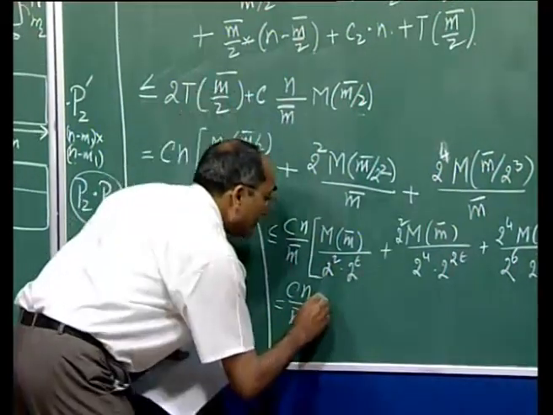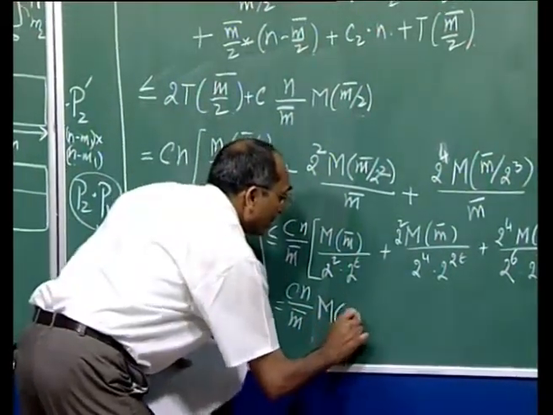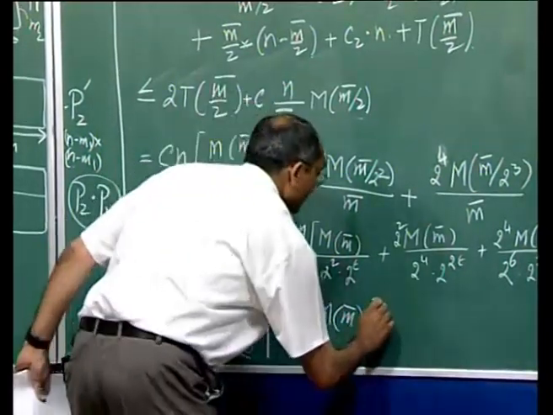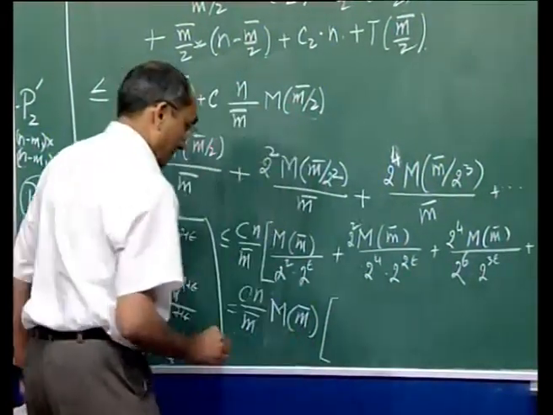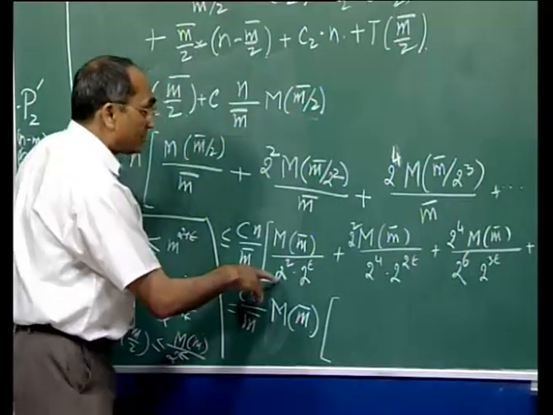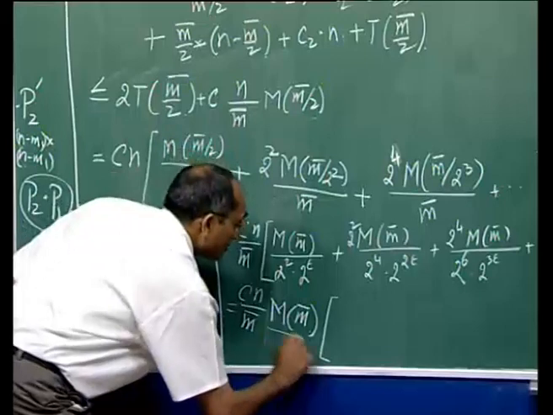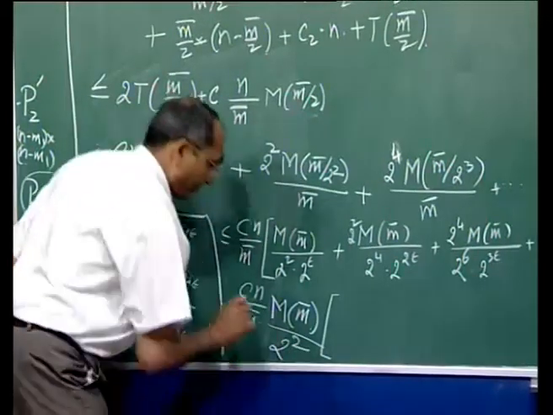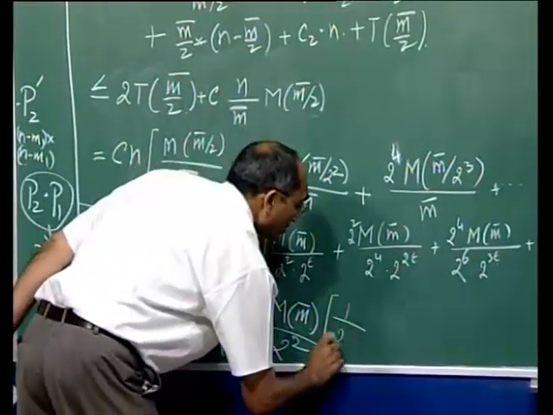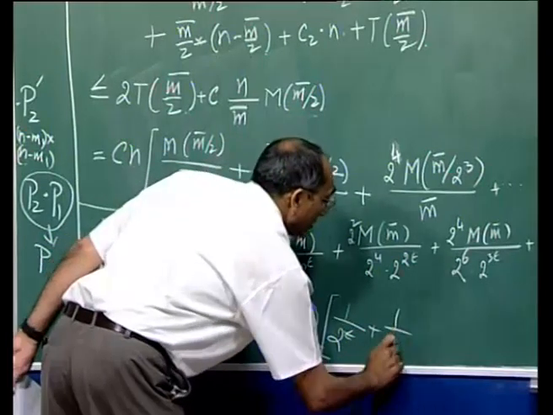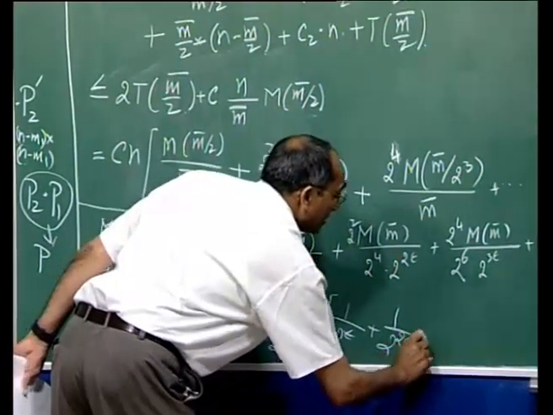So this will be M of m bar. Notice that powers of 2 are also cancelled and they all are 2 power 2 at the bottom. So we can leave that here and we have 1 over 2 power epsilon plus 1 over 2 power 2 epsilon.